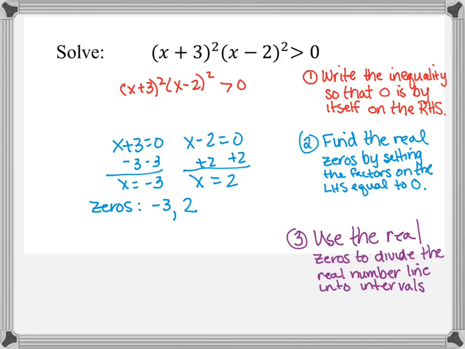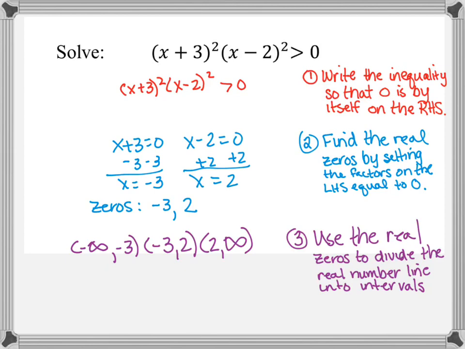So next, we will use the real zeros to divide the real number line into intervals. Since my smallest zero is negative 3, I'm going to have an interval that goes from negative infinity up to negative 3. Another one that goes from negative 3 to 2, which is the next zero, and then from 2 to infinity.